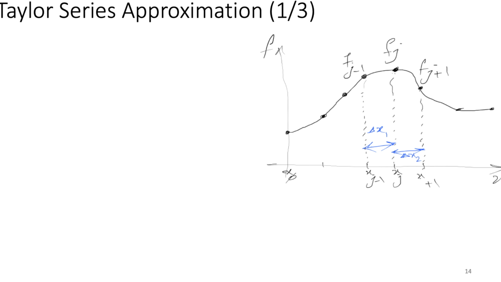So basically, Taylor series approximation works when you want to approximate your f of j, f prime of j, given the points you have. So you want to know what f prime j is for the point xj. So using the other points and values, how are you going to define f prime?